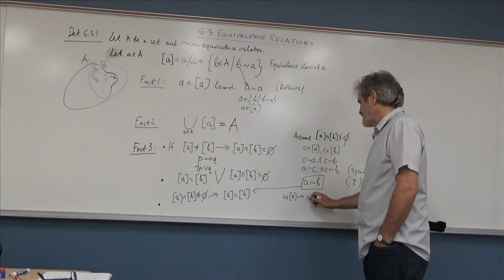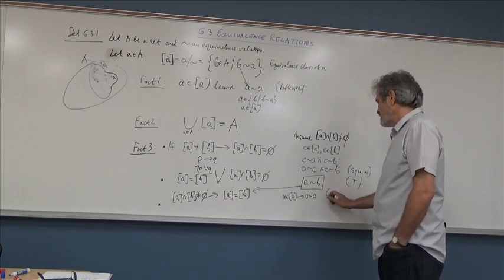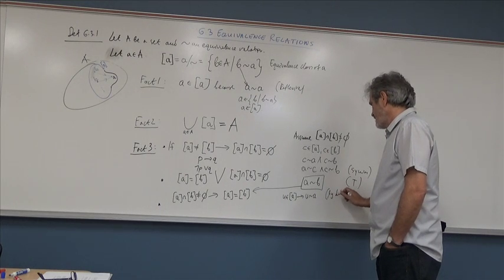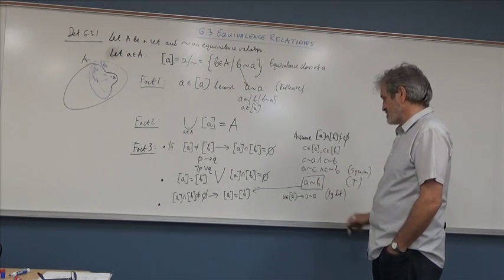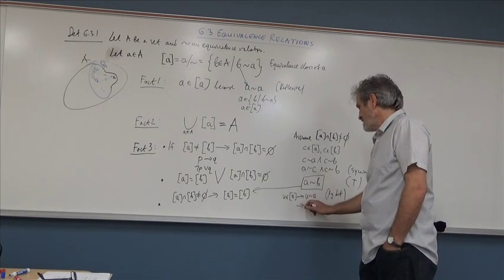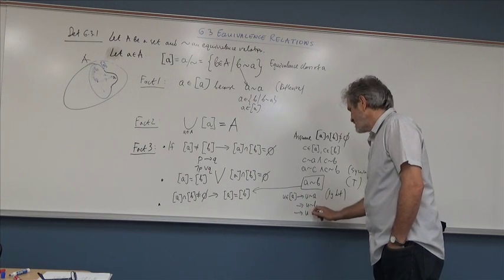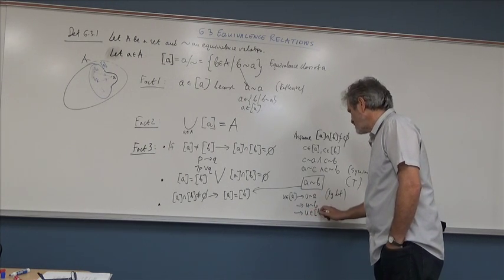So U tilde A, by definition of a class. But now we already established that A tilde B, so U tilde A and A tilde B implies that U tilde B, which means that U belongs to the class of B.